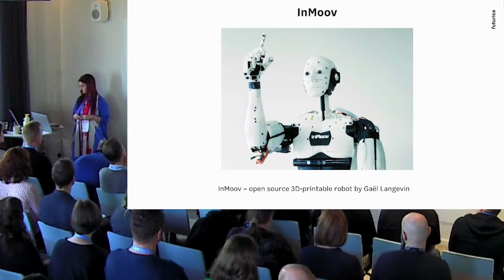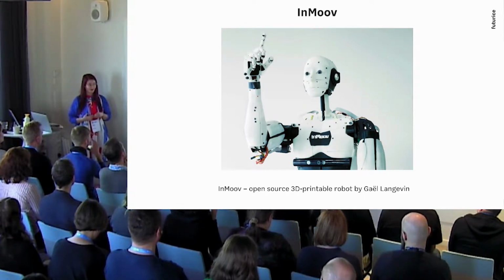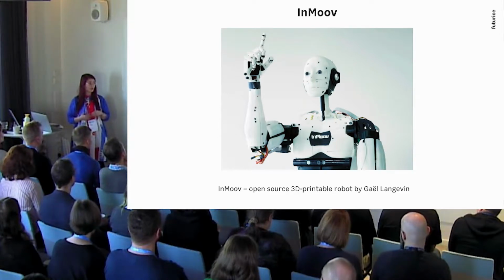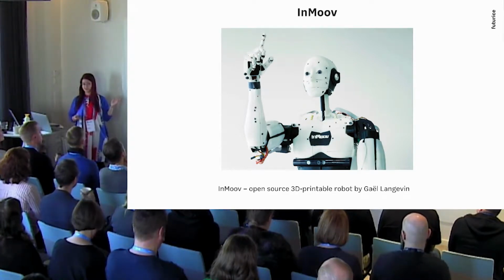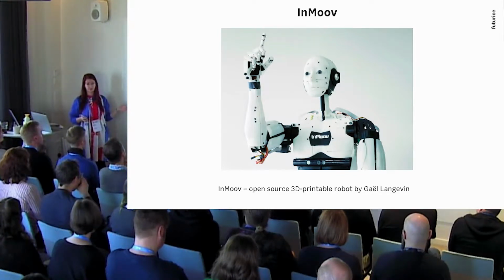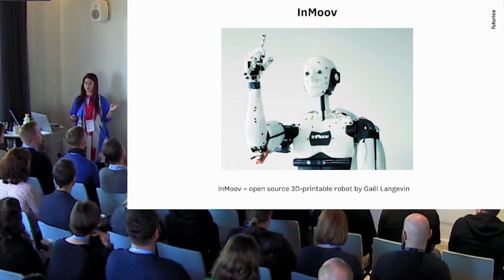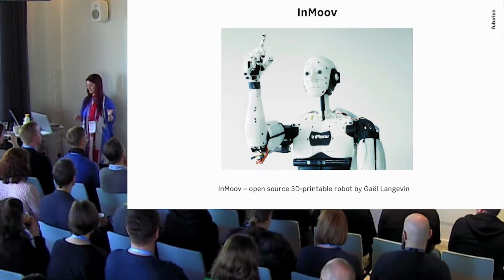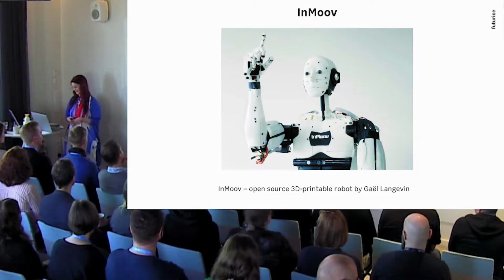So yes, the InMoov robot, it's created by Gaël Langevin. He's a French sculptor, and he has made this open source. It's available online. You can print it at home if you want to. All the software is also available as open source online. It took us around 6 months to build this robot, so it's not an afternoon project, but you can still do it if you want to.